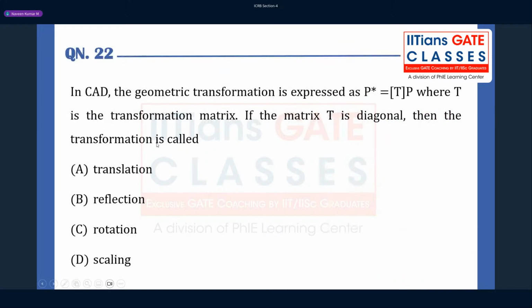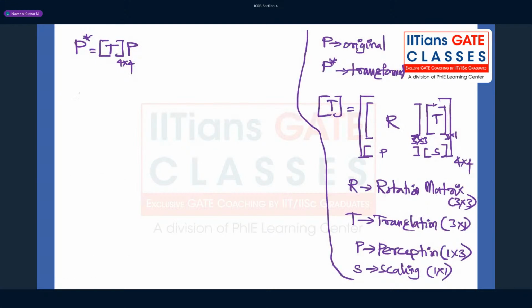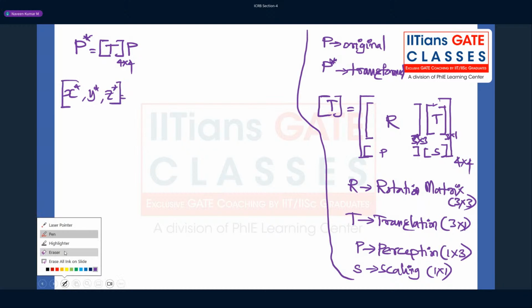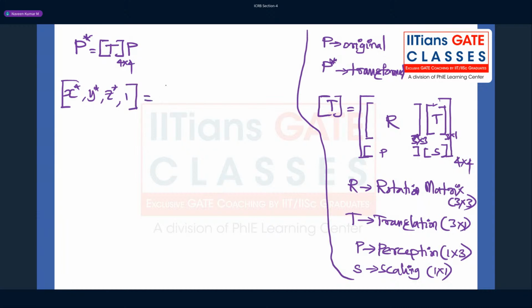If you want to find out translation, what will happen? Let's take some point X star, Y star, and some Z star. As we have 4 cross 4, we have to have one more extra, that is the one you're appending for ease of calculations. Then we have the rotation matrix, that should be 1 0 0, 0 1 0, 0 0 1, and perception should be 0 0 0.